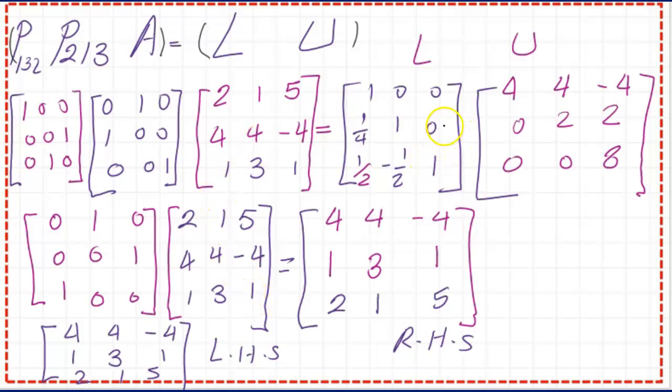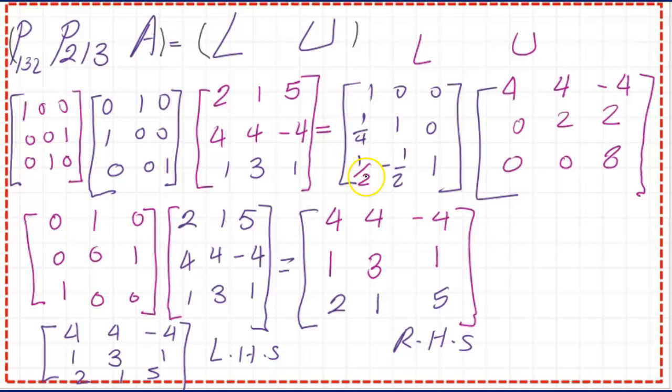Let us multiply L by U. 1, 0, 0 will keep this row as it is, 4, 4, minus 4. 1 over 4, 1, 0 is a multiplier of the first row by 1 over 4, added to the second row. So 1 over 4 by 4 is 1, plus 0, we have 1. And 1 over 4 by 4 is 1, we add to the second row, by 2 is 3. 1 over 4 by minus 4 is minus 1, we add to 2, we have 1.